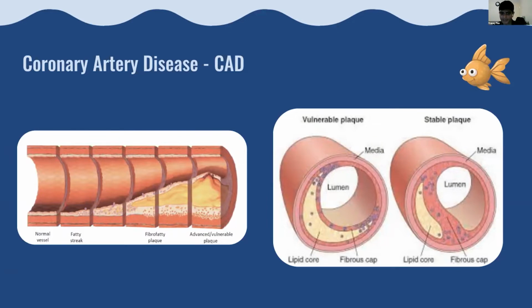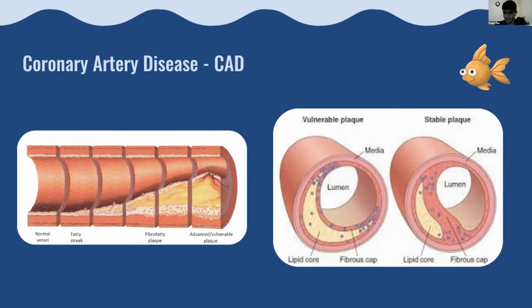Now, there's two types that I mentioned before, stable and unstable. If we look at the image on the right side, the main thing that sticks out is that a stable plaque has a really thick fibrous cap. That makes sense because if it's stable, it's unlikely to rupture. The thicker the fibrous cap, the less likely it is to rupture because it's got a strong support system there.